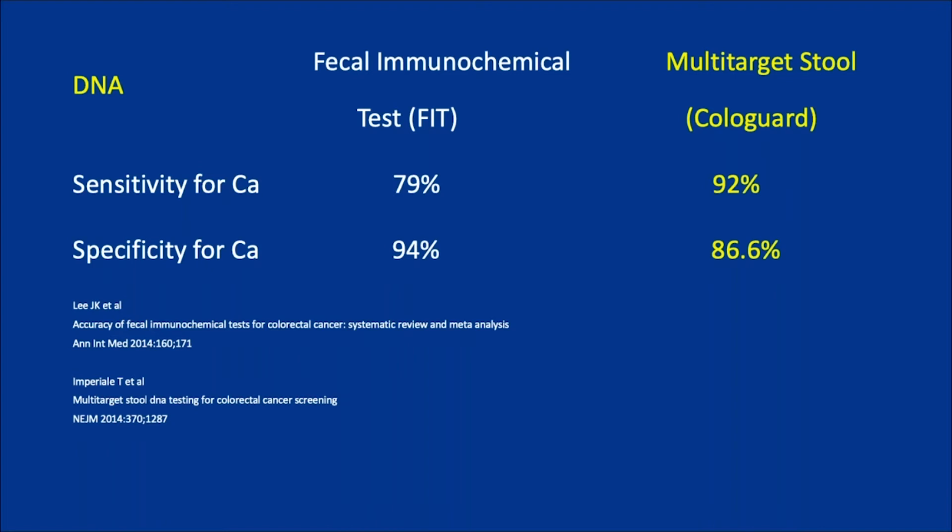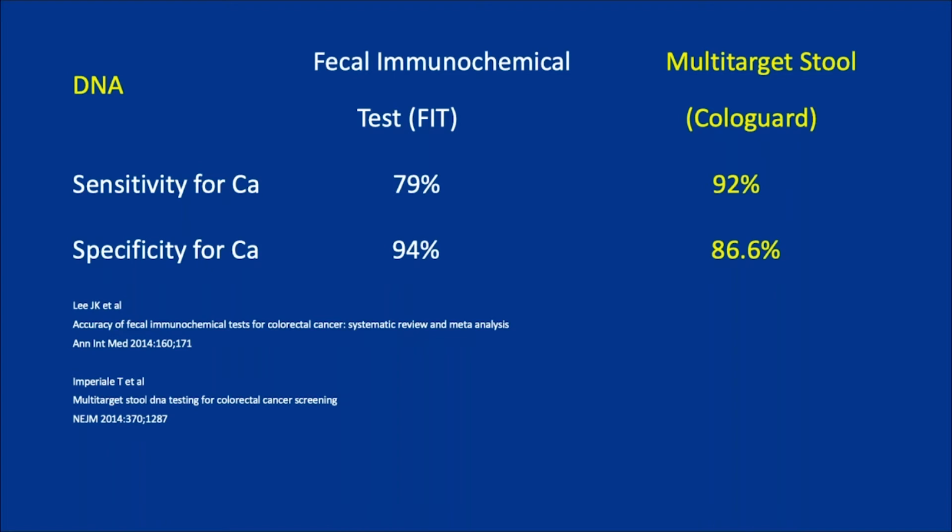There's some HMOs that cover this, but not very many yet at this point. But more importantly than that, if you're thinking about a Cologuard test in an older population, there can be a 10 to 20% false positive test because of methylation that occurs. And when the methylation occurs, this is the kind of patient population that you don't want to have to do a colonoscopy unless you really have to.